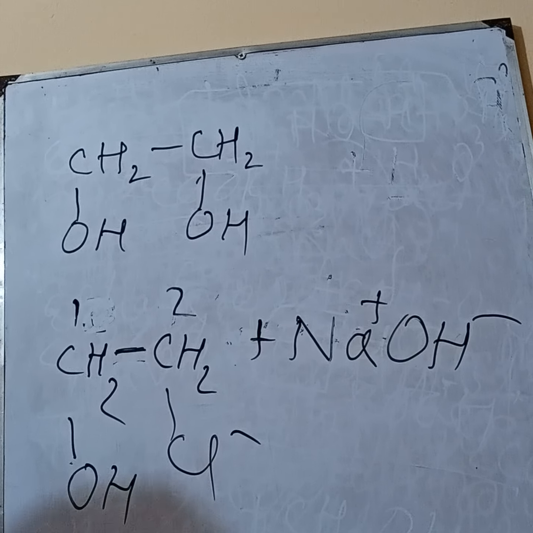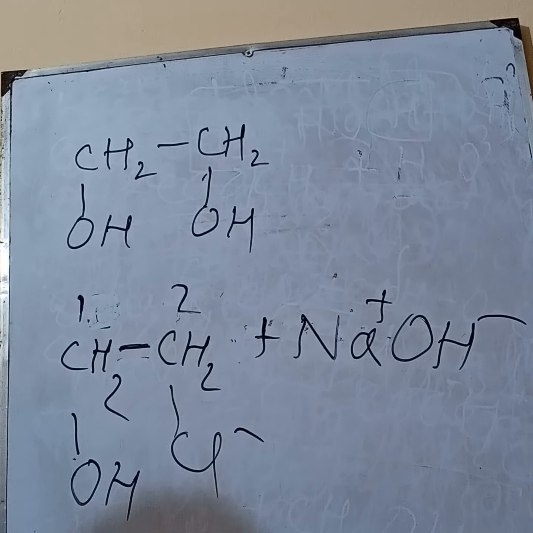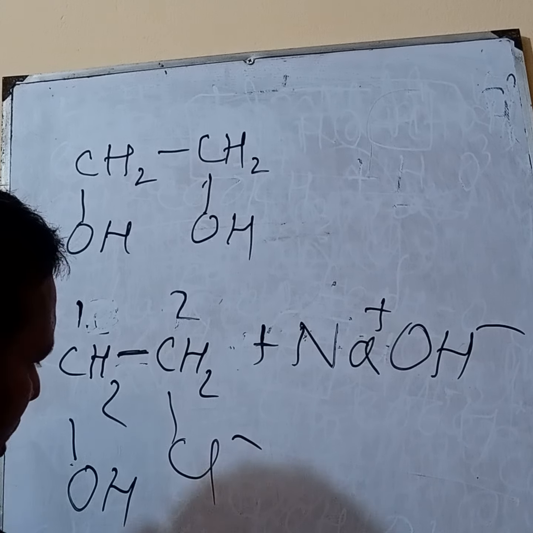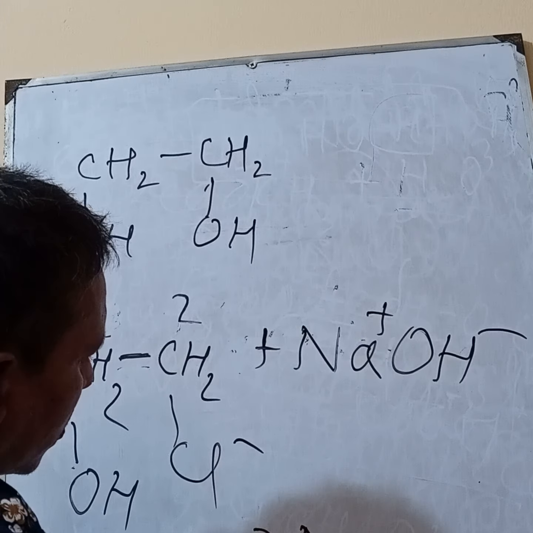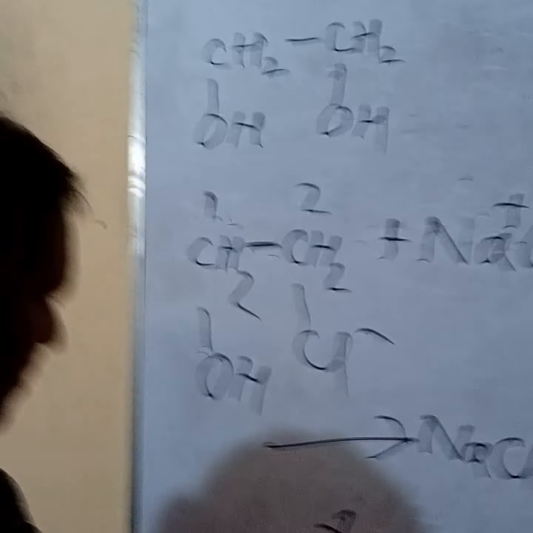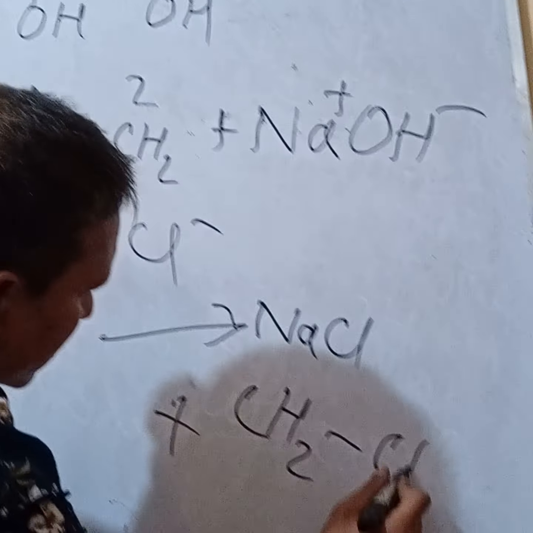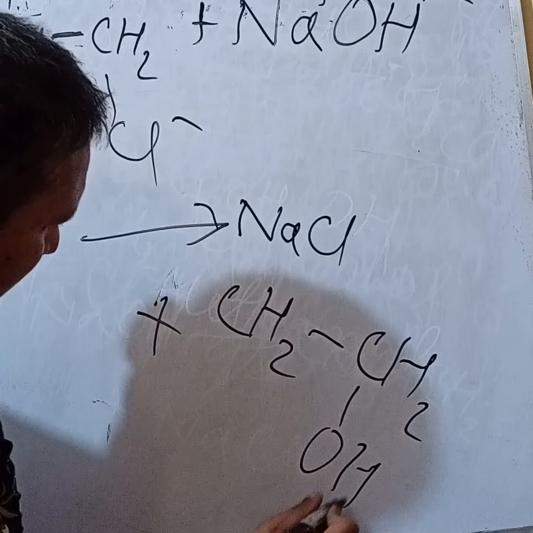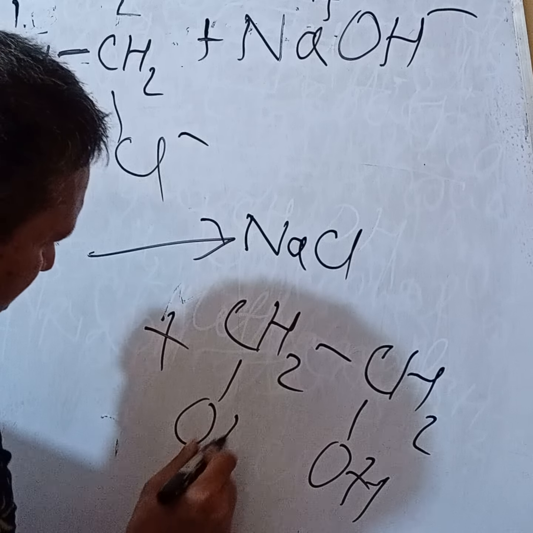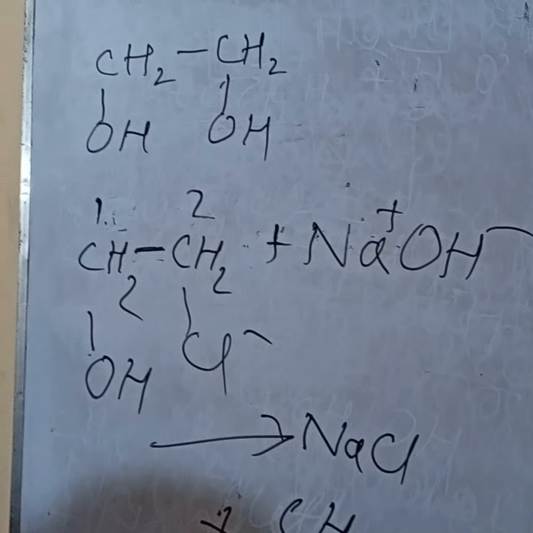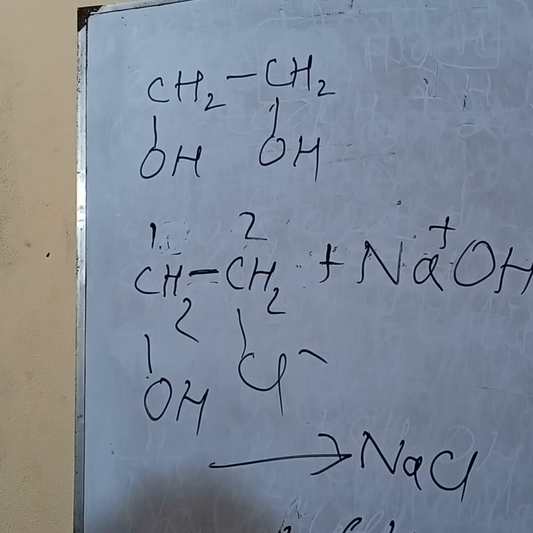Cl is much more negative than OH, so they get sodium chloride, and replacement happens. CH2OH, CH2OH: ethylene glycol. Another name is ethane-1,2-diol or ethylene glycol.